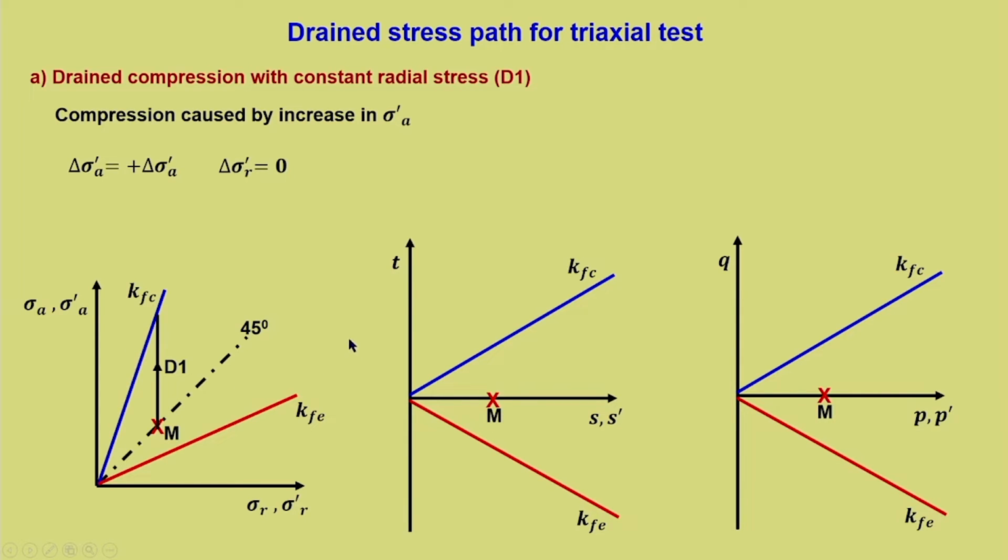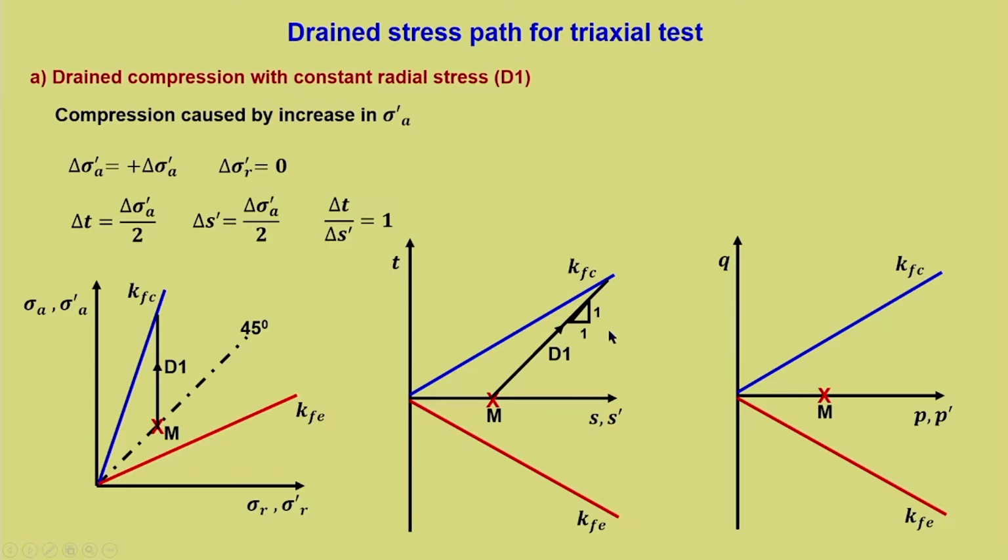Now, how will it look in the TSS dash plot? You just need to substitute this, and that is where we have to be careful. While substituting, do not forget to put the sign. So, here it is delta sigma A dash minus 0 by 2, that is plus delta sigma A dash by 2, and here plus again delta sigma A dash by 2. So, the slope will be delta T by delta S dash equal to 1.